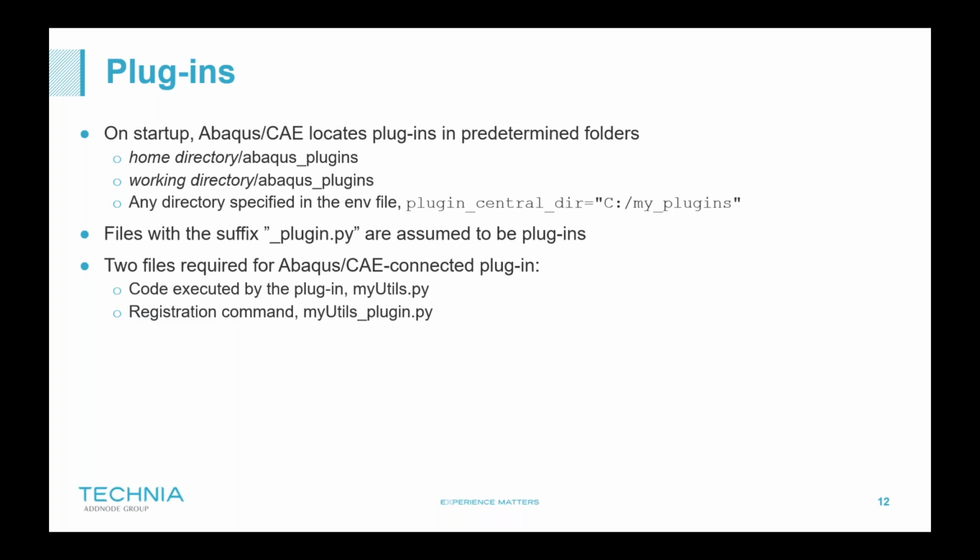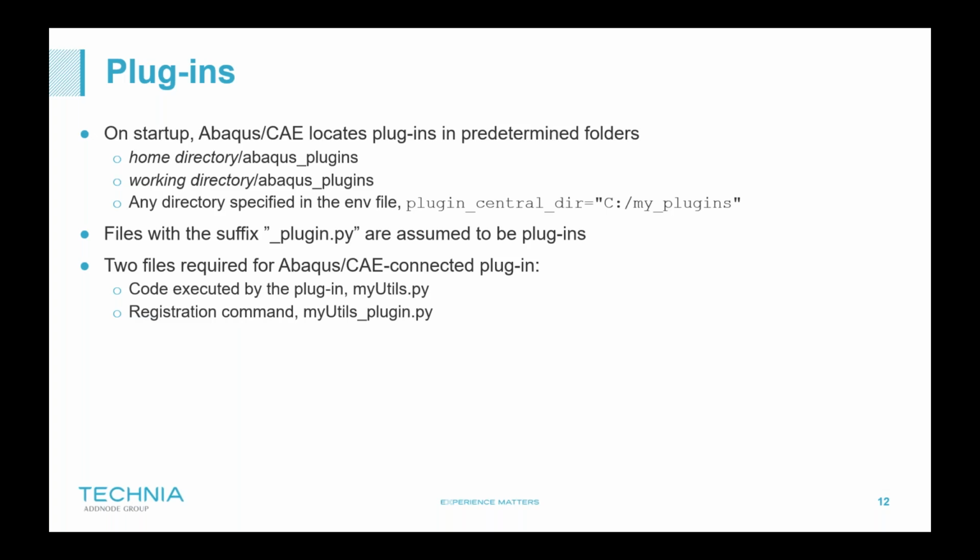Generally, for every plugin, there are 2 files required. First, there's the actual code that in the end will be executed by the plugin, and that is in Python format. And then there's a registration command, which does not contain the end code to be executed.